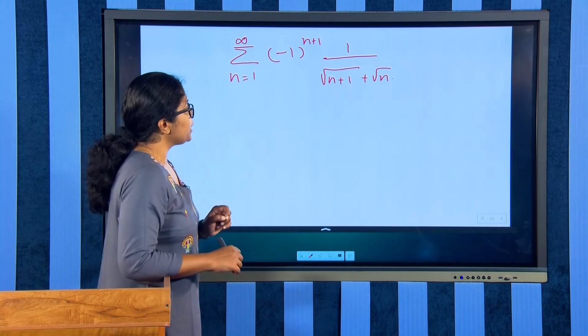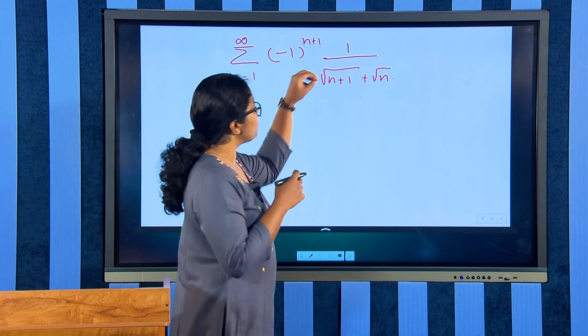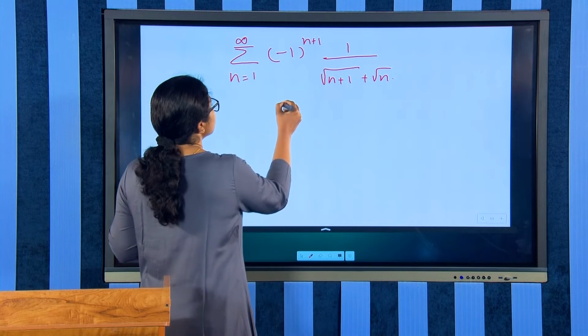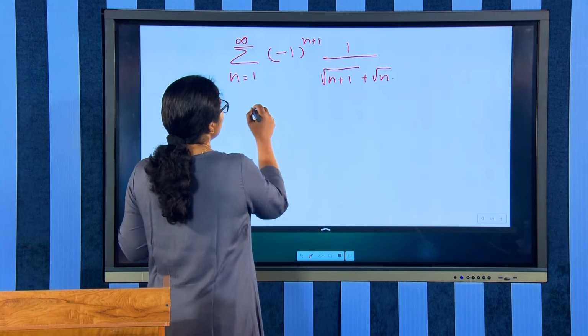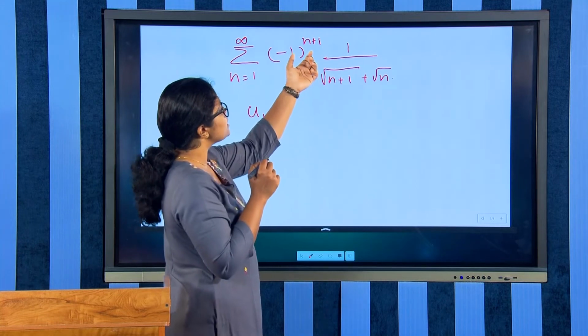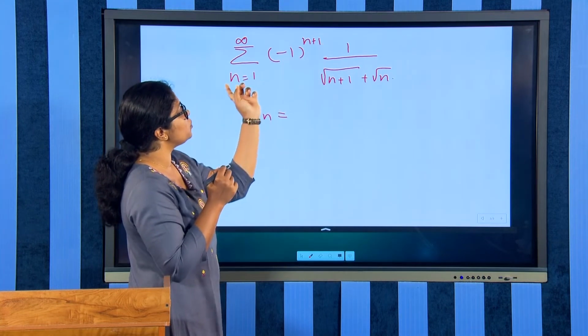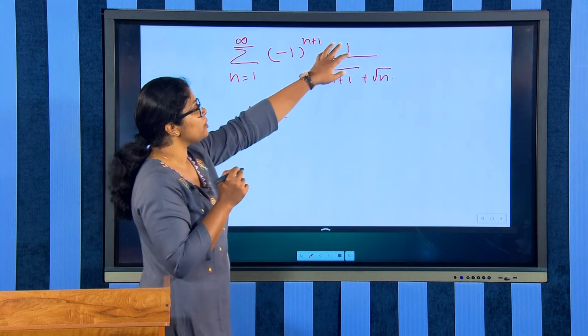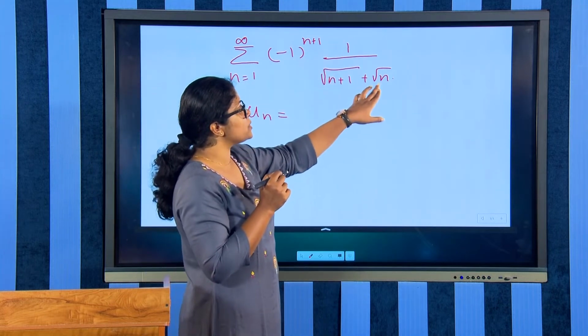So, here if we put the values of n, we can see that un is an alternating series, because if we put the values of n equal to 1 to infinity, we can see that it will be 1 upon root 2 plus root 3.